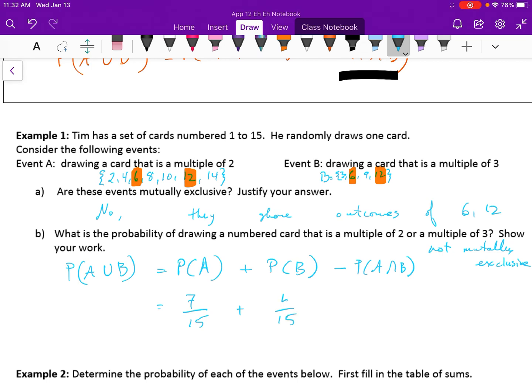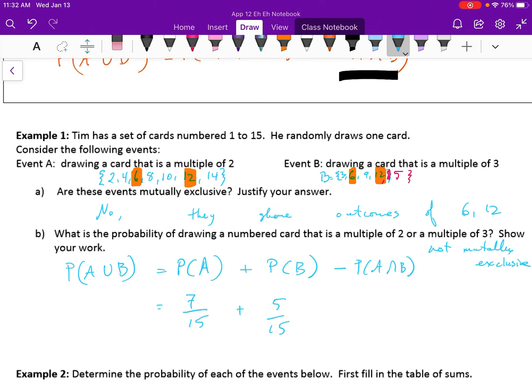Probability of B, again, we have 15 possible total outcomes, and the number of outcomes in event B is, sorry, you know what? I forgot one outcome. I forgot the outcome of 15.